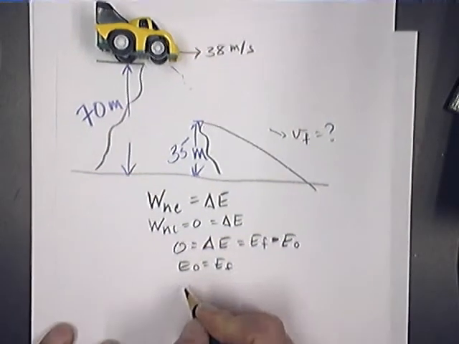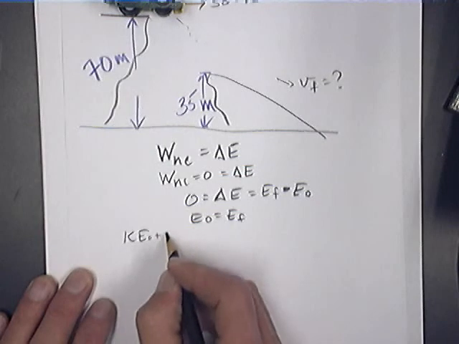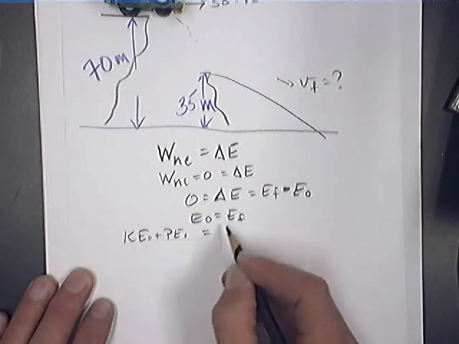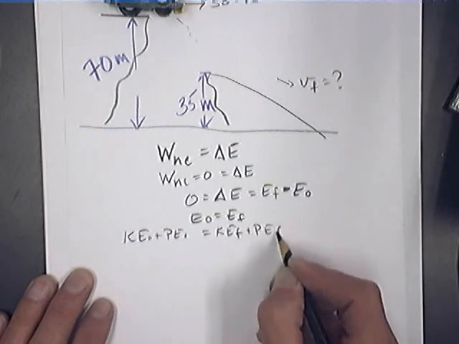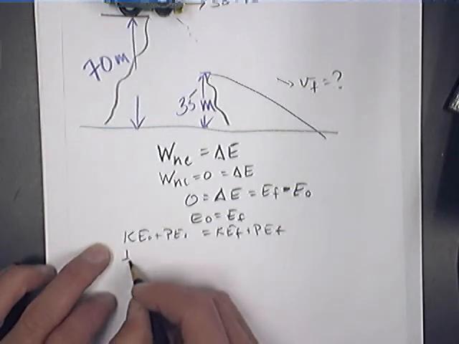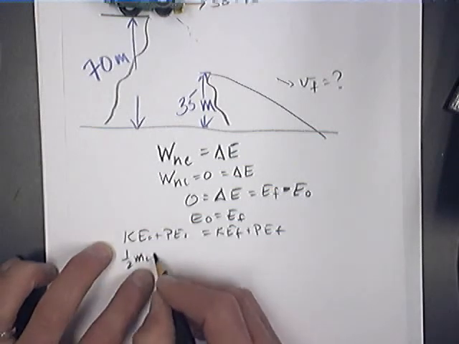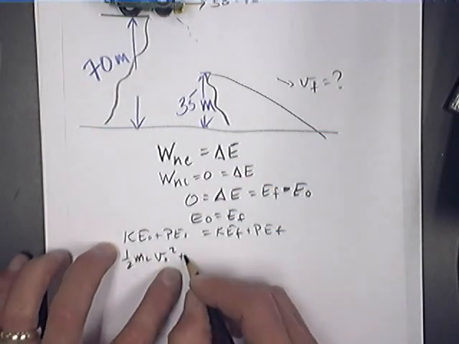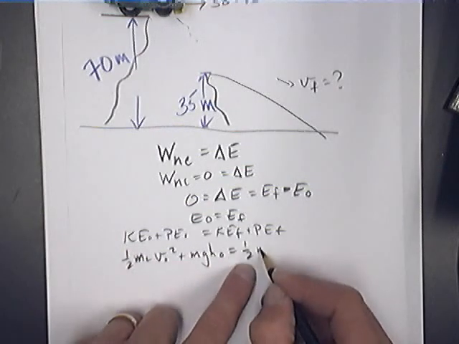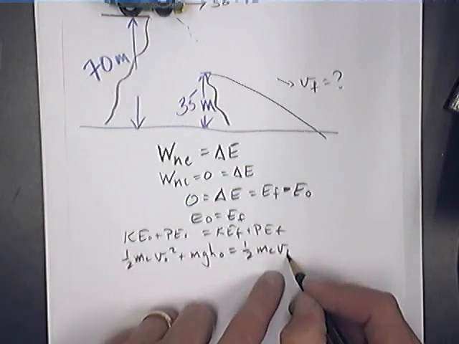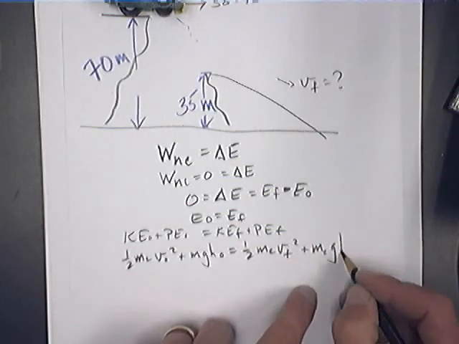My total initial energy is my kinetic energy initial plus my potential energy initial. That's got to equal my kinetic energy final plus my potential energy final. We've got 1/2 mass of the car, velocity of the original car squared, plus mgh initial equals 1/2 mass of the car v final squared plus mass of the car g h final.